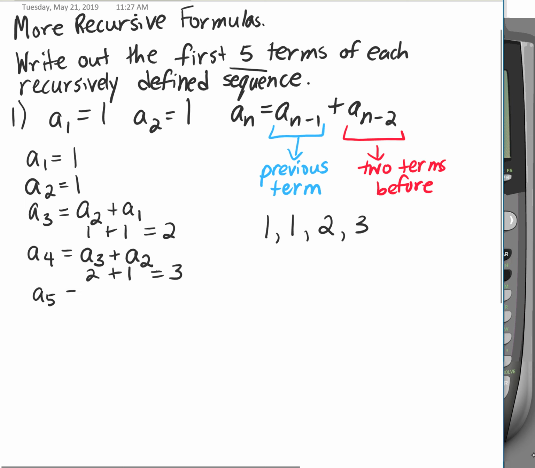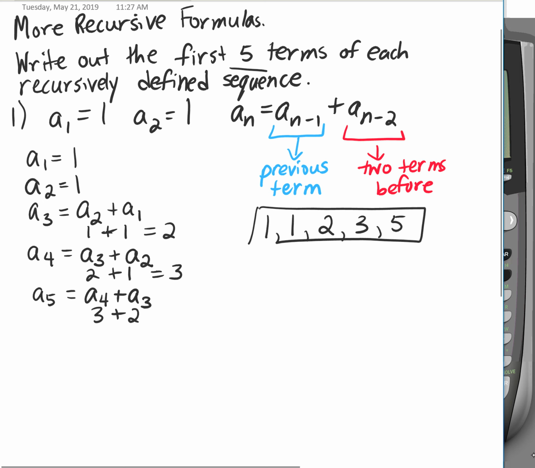Once you get the hang of the pattern, it will get a little easier. The initial getting used to this type of sequence and figuring out the pattern that's happening is always the tricky part. So here we're doing the previous term, which is a4, and 2 before, which is a3. So we're doing 3 plus 2, and that will give us 5. Now I'm at my 5th term here.